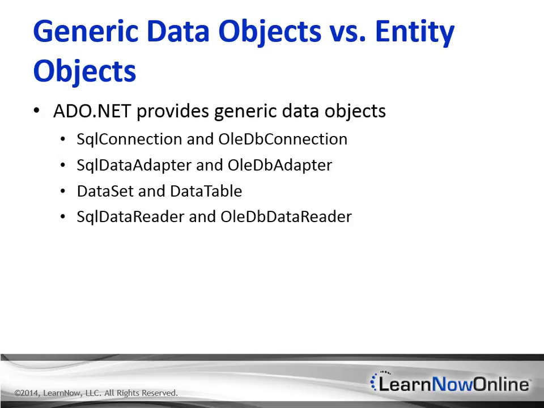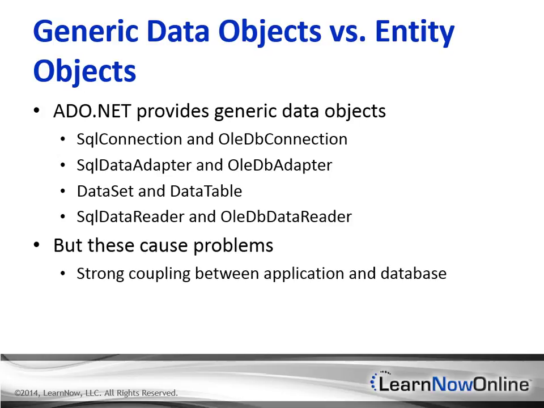But, and you probably guessed there was a but coming, right? As useful as these objects are, there are a number of problems that developers had to overcome, making data code unnecessarily complex. And a few of these included things like strong coupling between an application and a database.